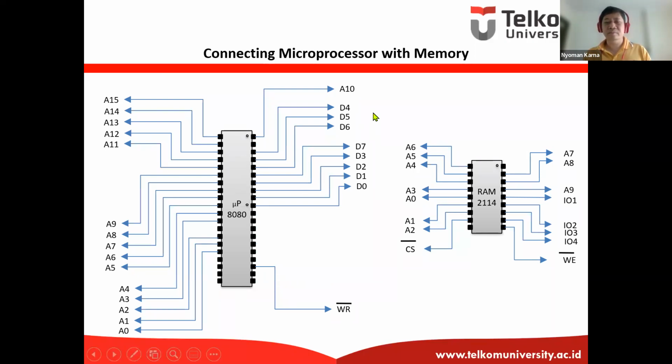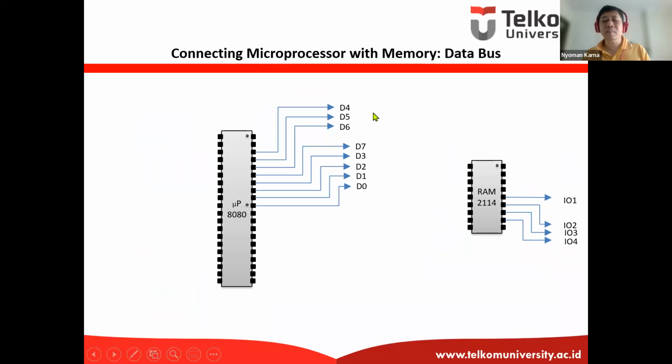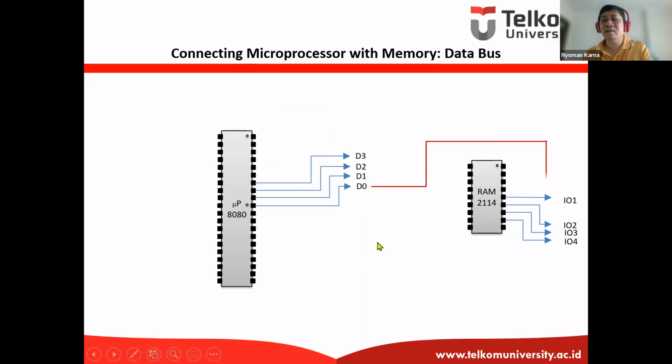Now, data bus. The 8080 has 8 bits of data from D0 to D7. However, the 2114 RAM only has 4 data lines. So we can just connect directly like this.